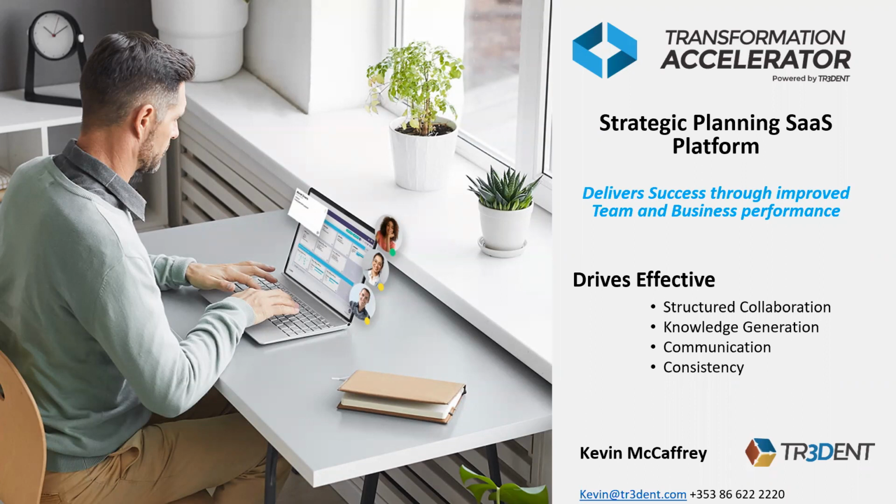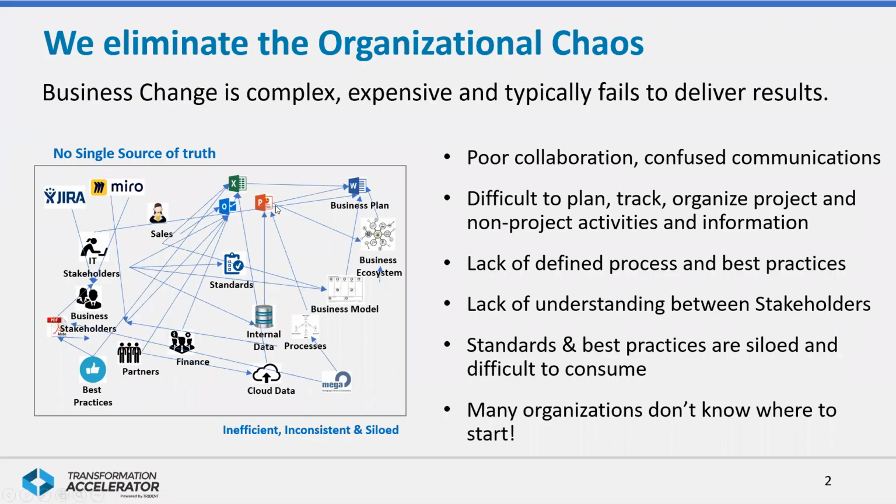And it does this by helping the teams to drive effective, structured collaboration, generating knowledge, and being able to communicate in a more consistent way across the organization. So the problem we're looking at solving is that managing projects and different activities isn't an easy task. In many cases, organizations use whatever tools they've got in front of them.